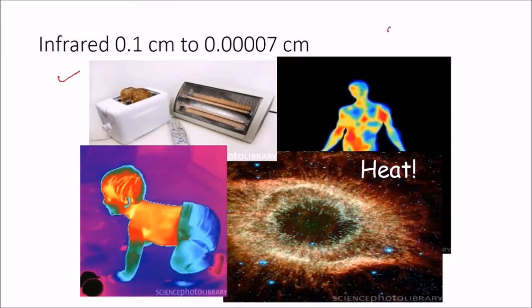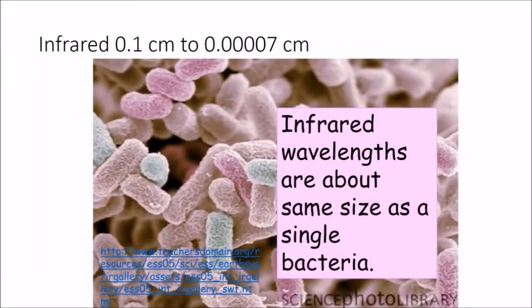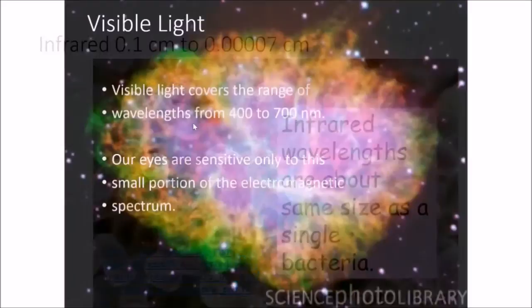Infrared, from 0.1 centimeter to 0.00007 centimeter. Heat, the heat which is produced by any object, may it be you, may it be your toaster. The infrared wavelengths are about the same size as a single bacterium.